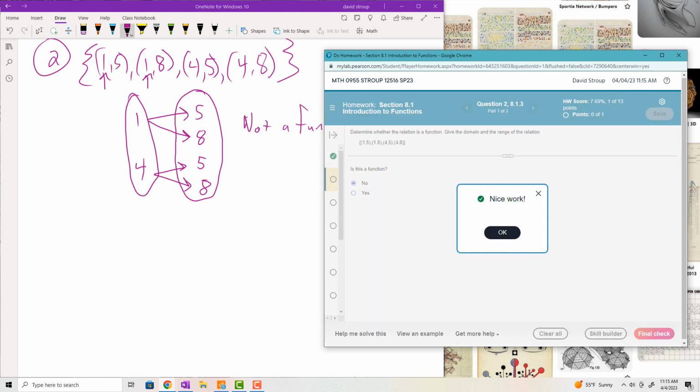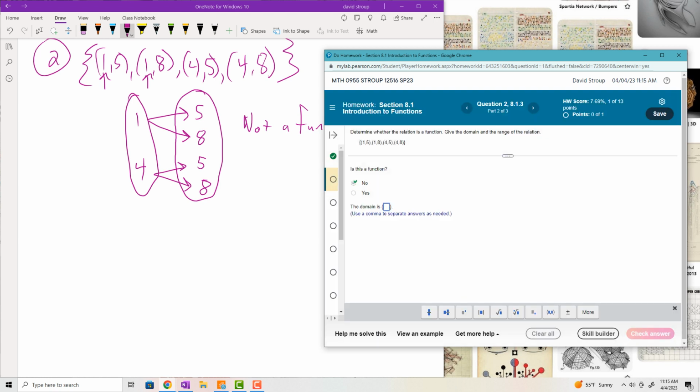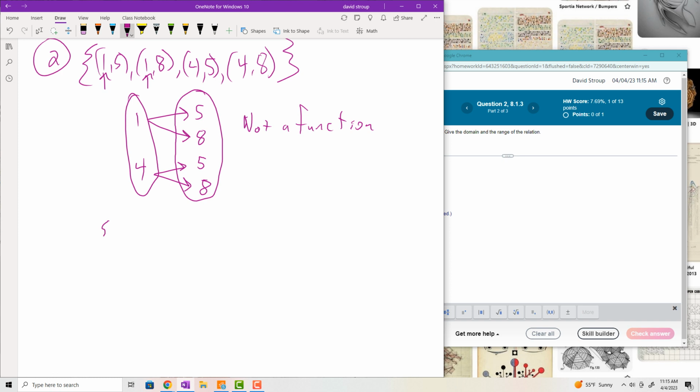Then again, they want the domain and range. For the domain, you may be tempted to write 1, 1, 4, 4, but all we're going to do is just write 1, 4. You need not rewrite repeated values. And then the range is going to be 5, 8. So again, you don't need to write 5, 8, 5, 8.